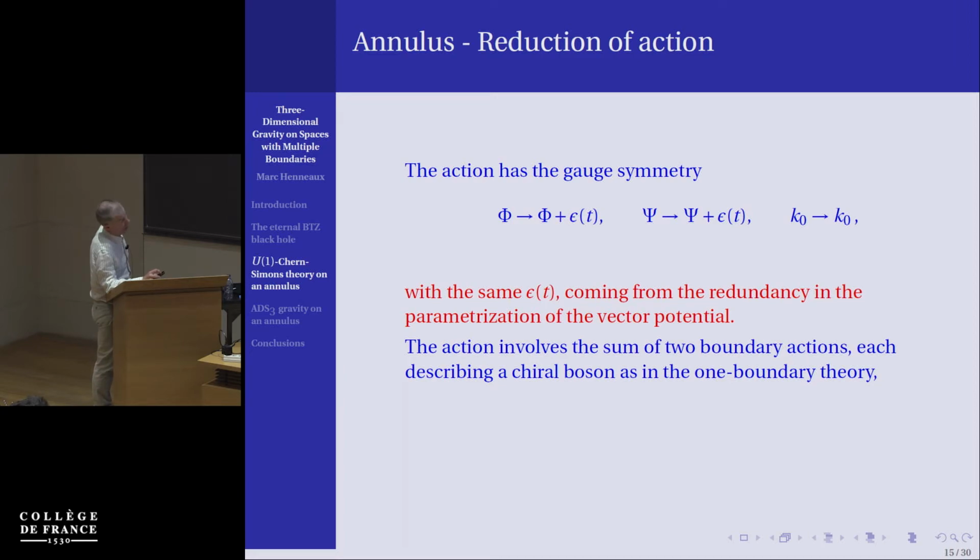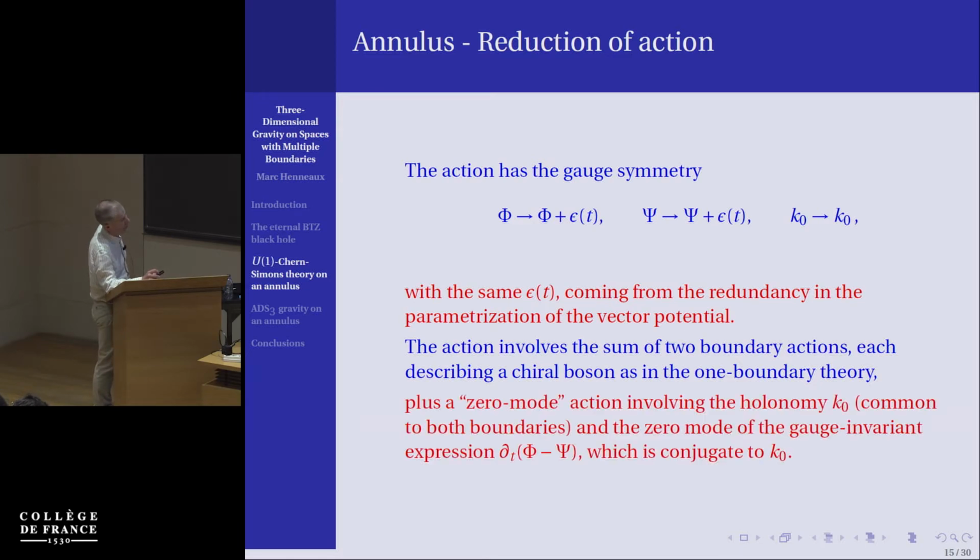Now, the action itself, as we have seen, involves the sum of two boundary actions, each describing a chiral boson, as in the one boundary theory. But there is this zero mode, which involves the holonomy, which is common to both boundaries. So it does not really belong to one boundary, it's the same at both. And the zero mode of the gauge invariant expression, which is conjugate to K0, we can identify as a radial Wilson line, as I will show now.